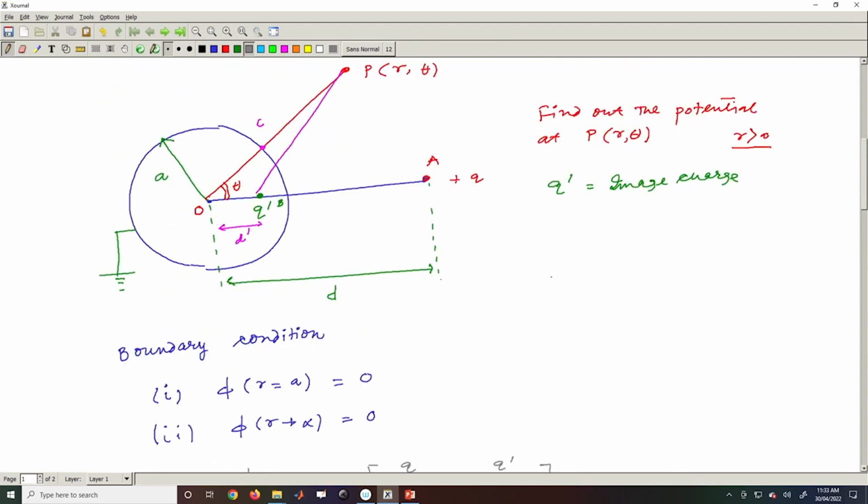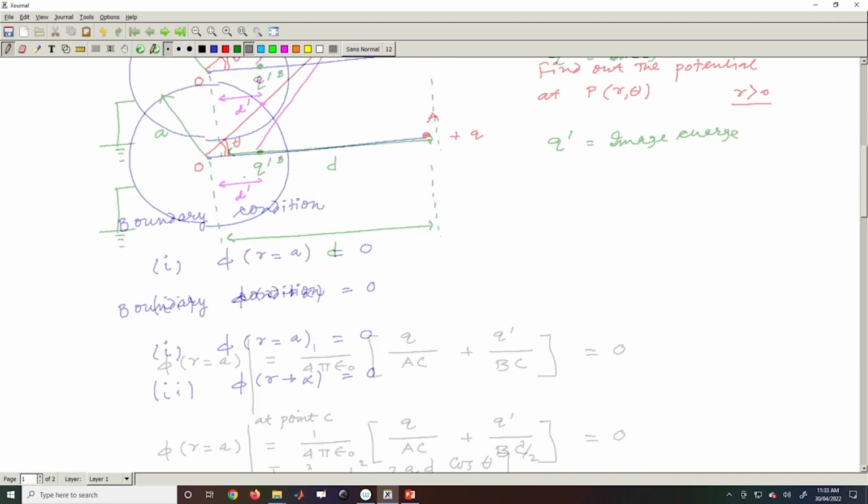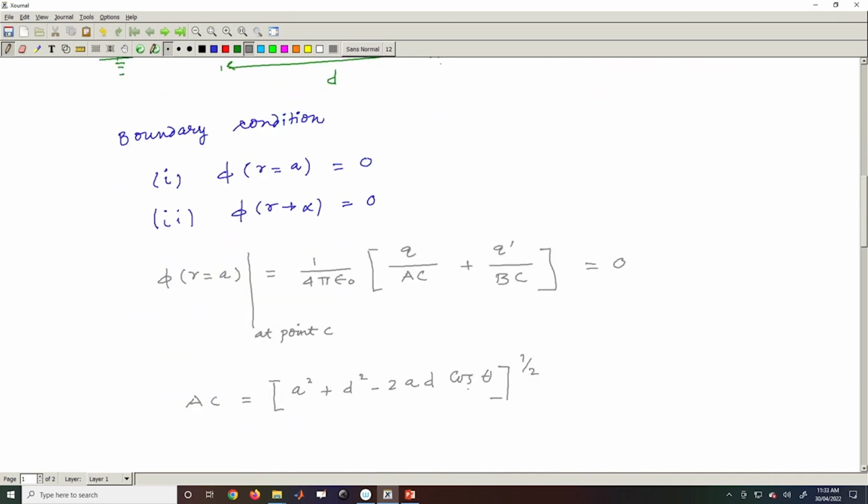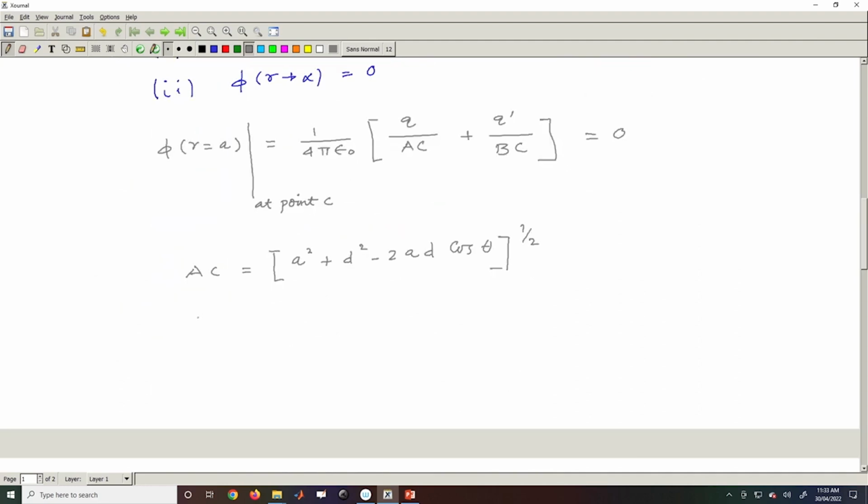Obviously this is because OC is A and OA is D, so D square plus A square, and this angle is theta, so minus 2DA cos theta. What about BC?